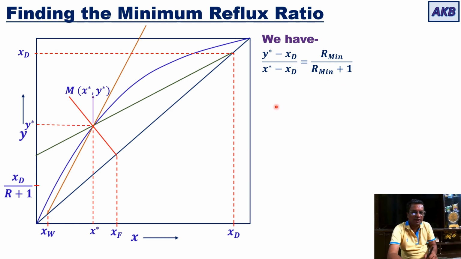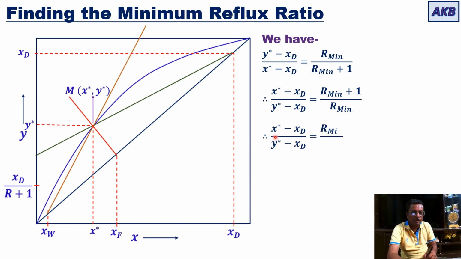I will take reciprocal on both the sides. So, it will be x star minus xd divided by y star minus xd is equal to R minimum plus 1 upon R minimum. In the next step, x star minus xd upon y star minus xd is equal to R minimum upon R minimum plus 1 upon R minimum. That is, I have separated the denominator.